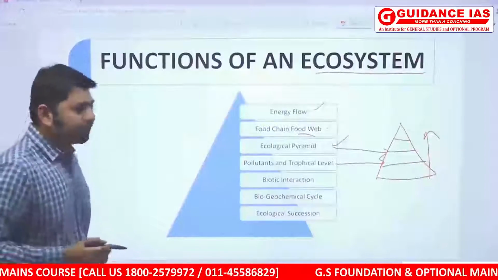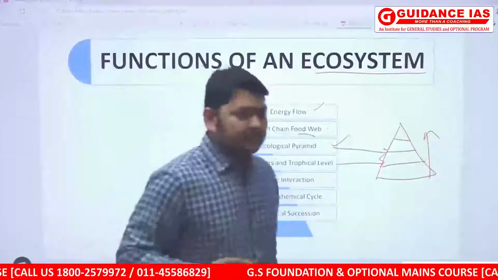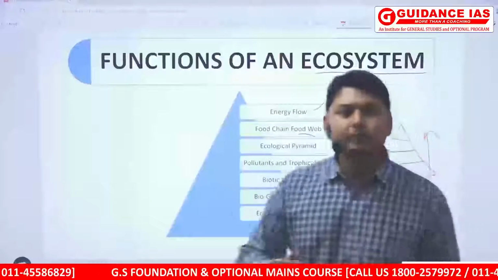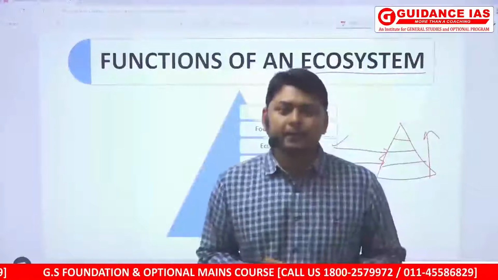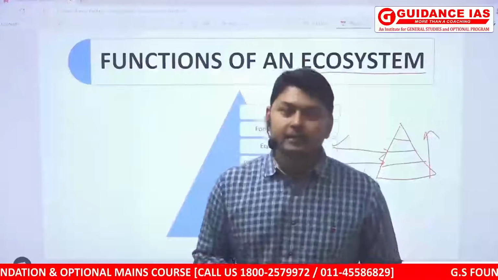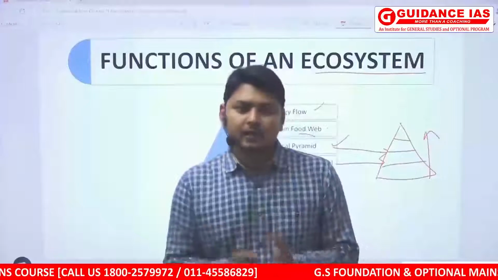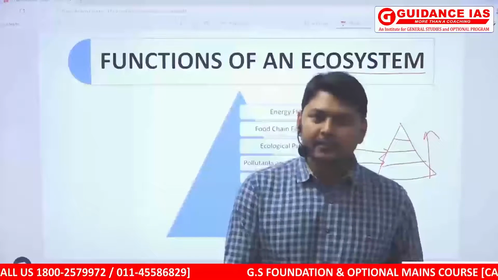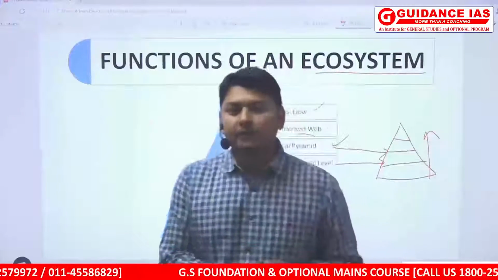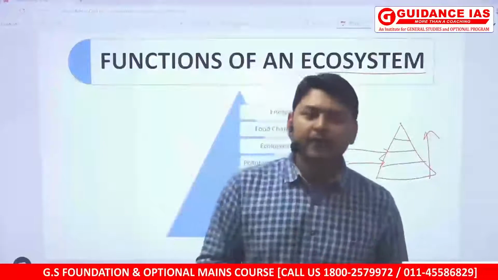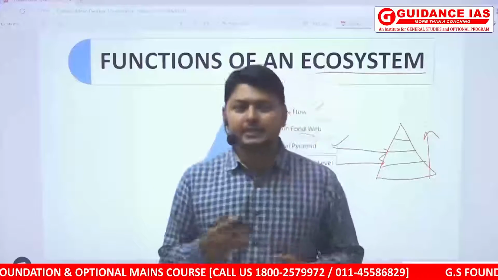For example, if there is some pollutant added to the soil, like fertilizers or chemicals, the soil will absorb those chemicals and fertilizers, and that will be grown into fruits or crops, and it will enter the food chain system.